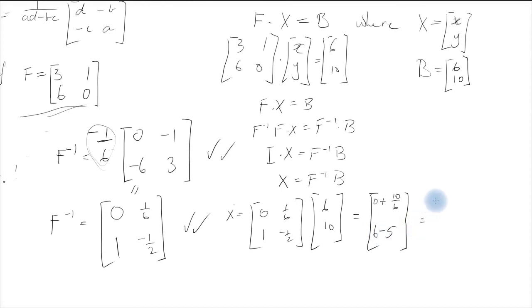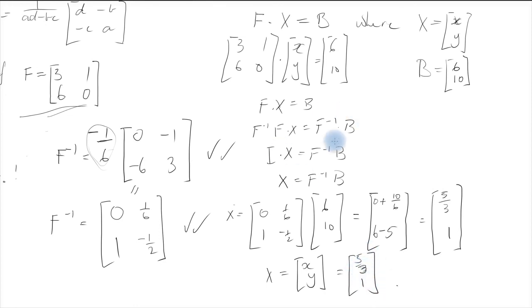So our overall answer, 0 plus 10 sixths is 5 thirds, because that's just the same as 10 sixths, and 6 minus 5 is 1. So we can say, therefore, X, or if it's x, y if you like, is 5 thirds and 1. There we go, and we have finished that question.